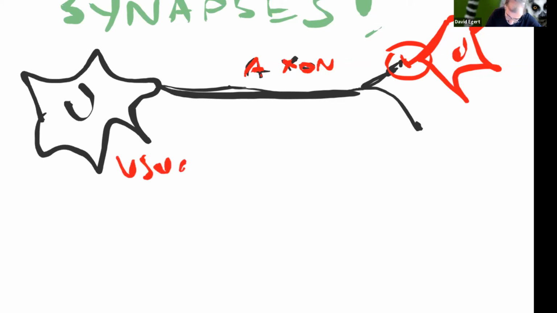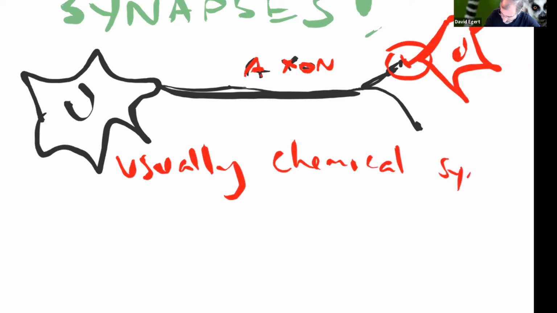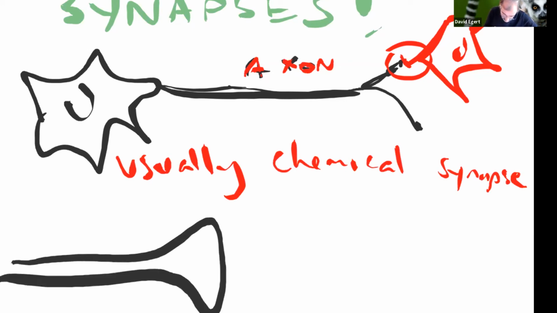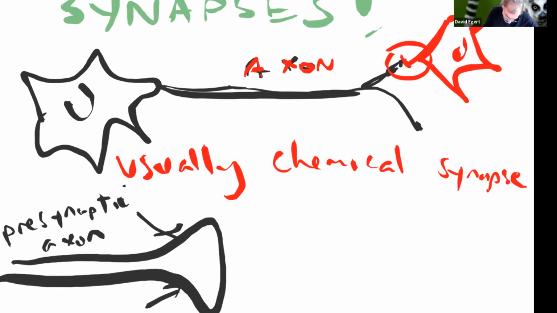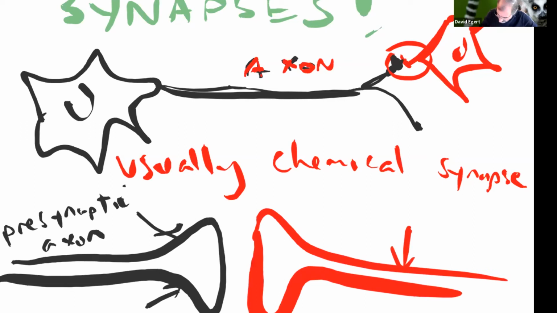So usually we have these chemical synapses. And the cells don't actually touch. If this is my presynaptic axon here, here's my little bouton, my little synaptic knob at the end. Let's say this is my postsynaptic dendrite here.